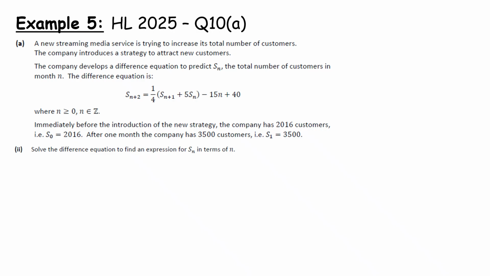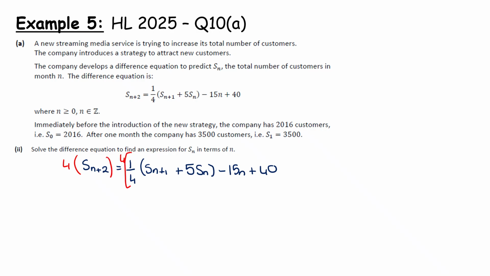So next it's asking us to solve the difference equation. So we need to do a little bit of work here. First thing is, okay, let's write this down. So that quarter, we want to get rid of it. So really focus on bringing it over, but also dealing with anything that doesn't already have a quarter involved. So we're multiplying that side by 4.